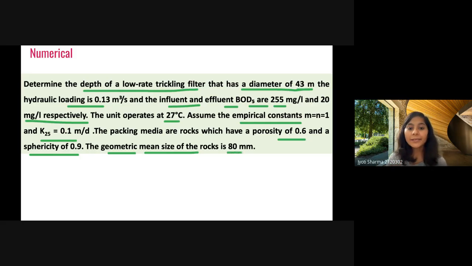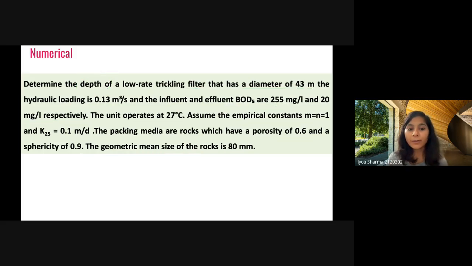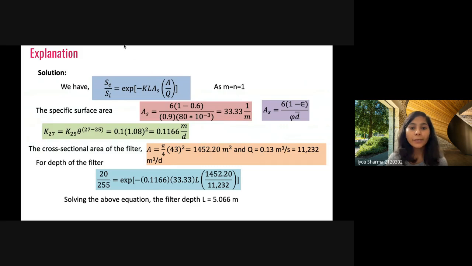This is the 80 and they need to calculate the depth of your low rate trickling filter, and the one formula we already have explained. From that formula, first we will calculate specific area.